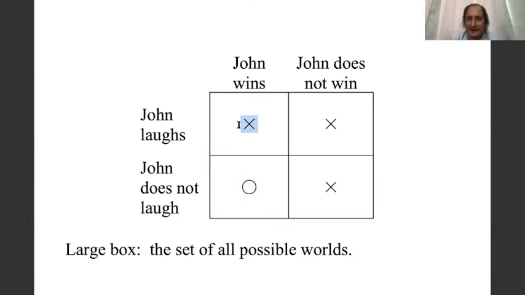Here, in contrast, John wins and John laughs. That satisfies the John winning requirement, but it fails to satisfy the requirement that John not laugh, and so those worlds are not worlds where all of the requirements are met. Similarly here, this doesn't satisfy any of the requirements, and this satisfies one of the requirements, the John does not laugh requirement, but not the other, the John win requirement.